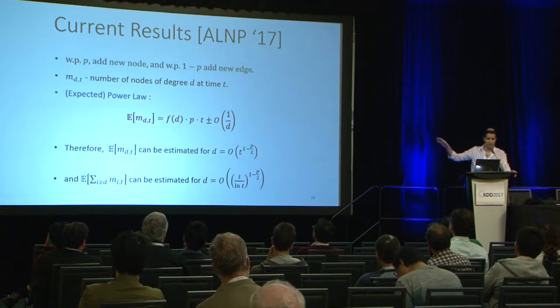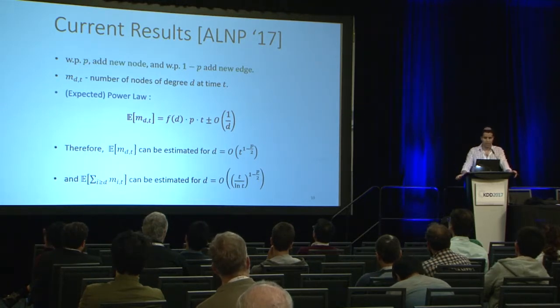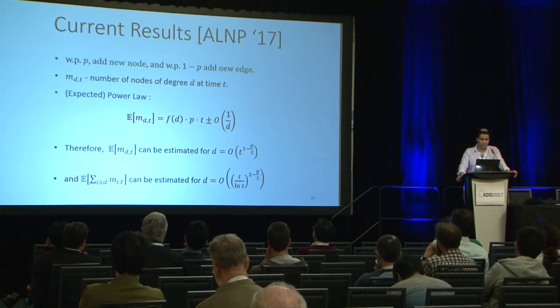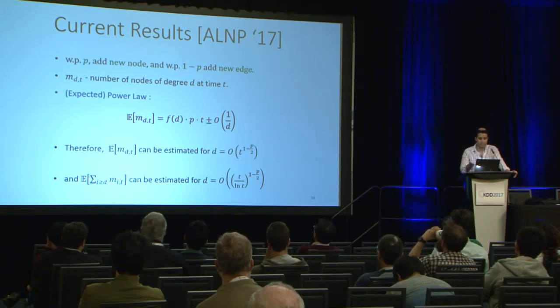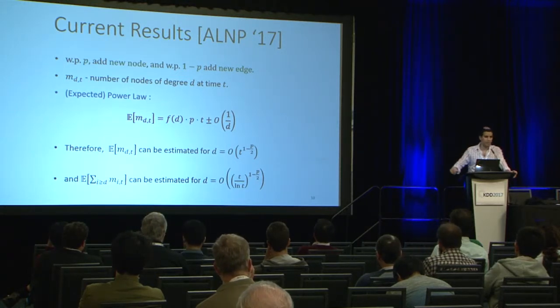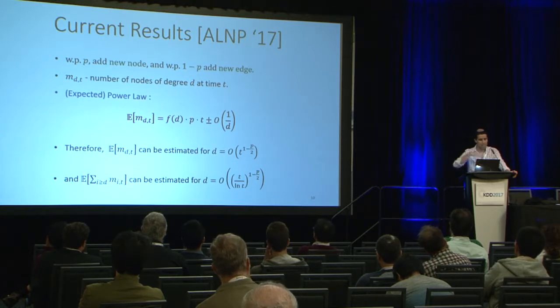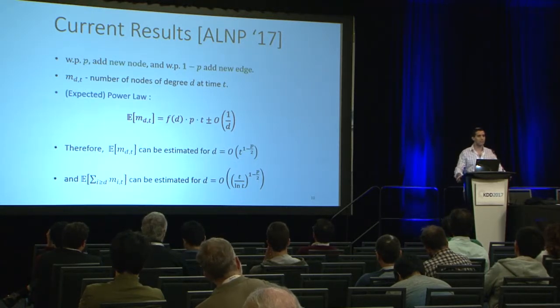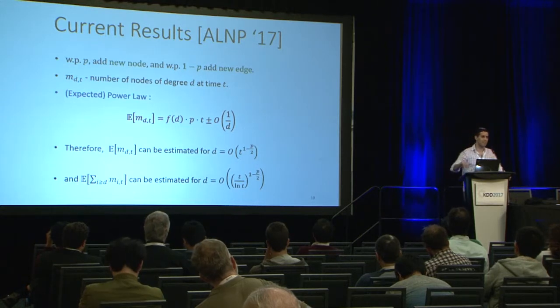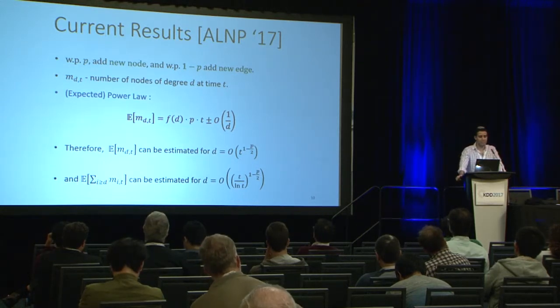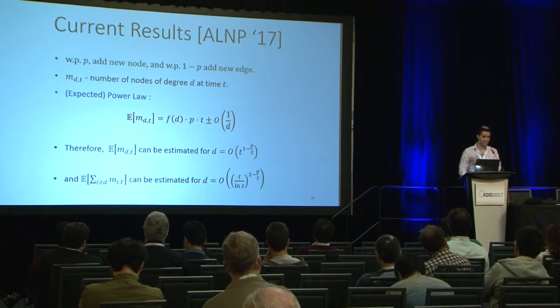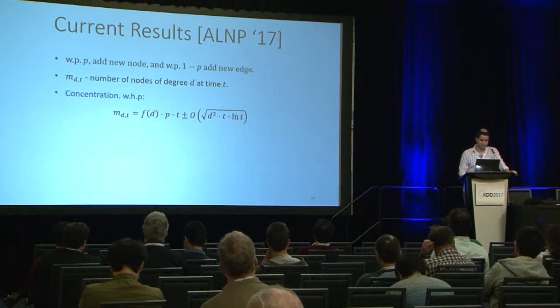I didn't really show how, but you just sum it up. And you can estimate it for d that's almost as large as the first one. So for the highest degrees, if you look at their sum, then you can also estimate that. Okay, so we know how many. If you look at the rich club in the world, all the people with the highest net worth, then you know how many there are using this result.